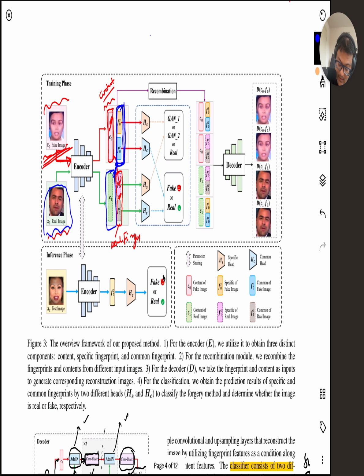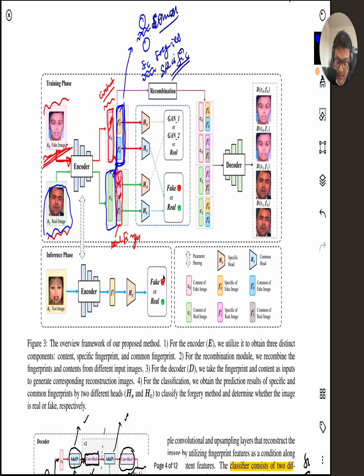If you see here, what they are saying is that the fingerprint consists of two parts. One is a fingerprint which is common to all the forgeries, and one is forgery specific. So one is a common feature and one is a forgery specific feature, right?